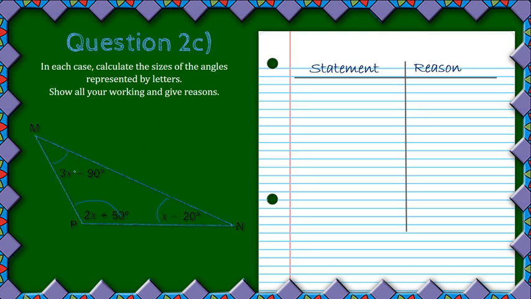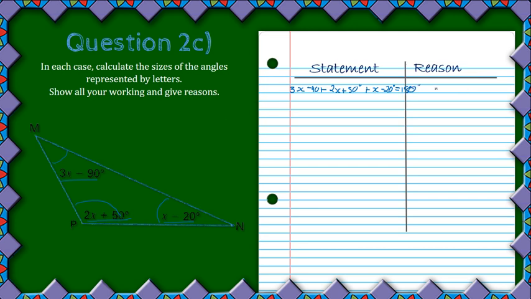So what I'm going to do is take this expression plus this expression plus that expression and just equate them to 180. So we have 3x minus 90 plus 2x plus 50 degrees, and then plus x minus 20 degrees, and that's all equal to 180 degrees.